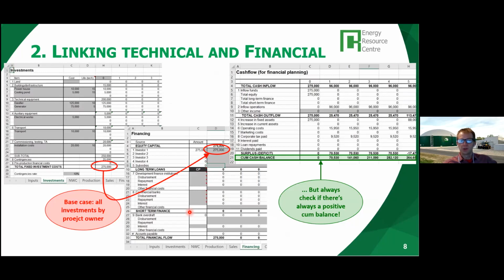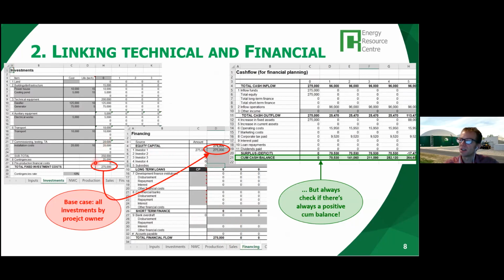Then what we do is we have a look at the financing, and there's a tab called financing here. In this case, we start easily by saying, well, we finance the whole project by the project owner, which is what we would call an equity investment.